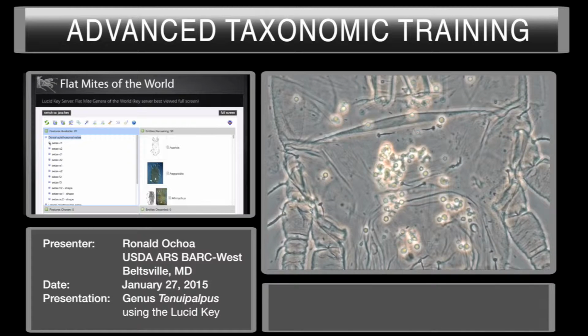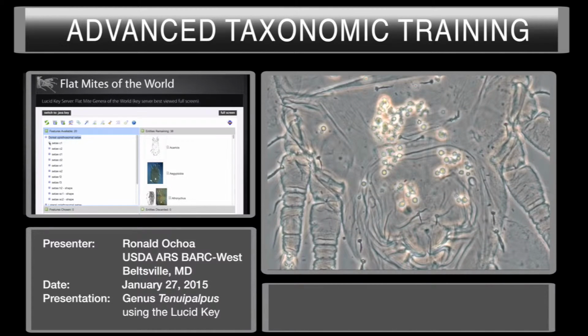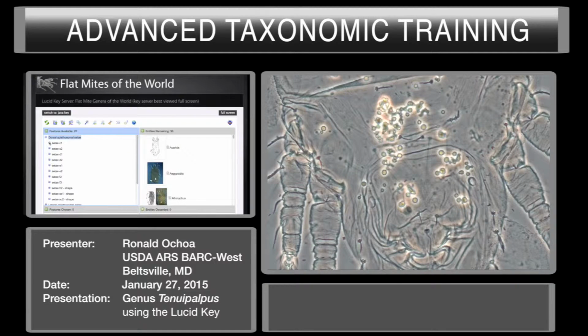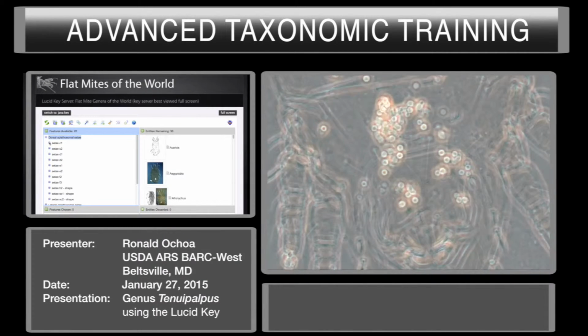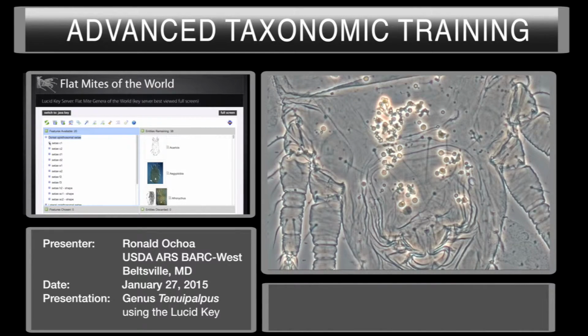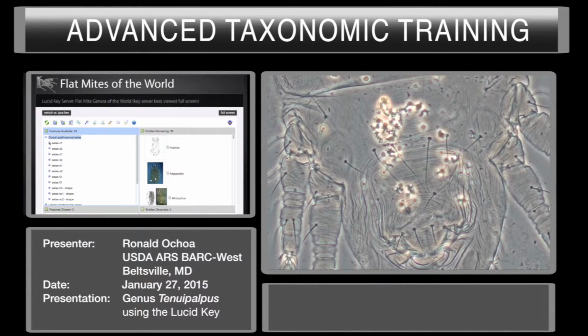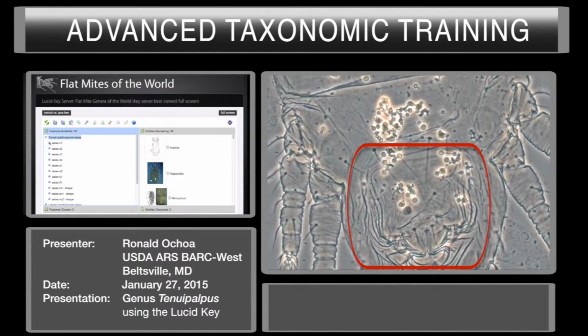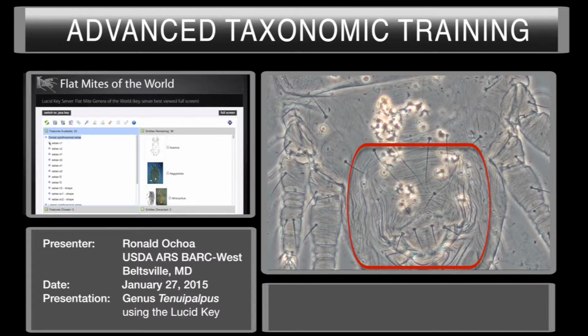Notice the reduction of the shape of the body going to the end of the opisthosoma. Notice that it does not have three ventral plates, only one big ventrogenital plate. Beautiful. You can see it.